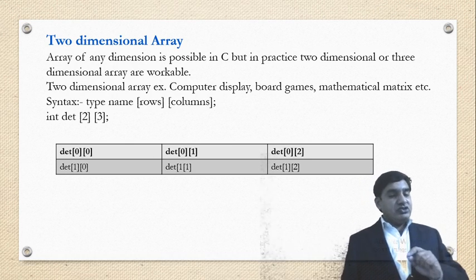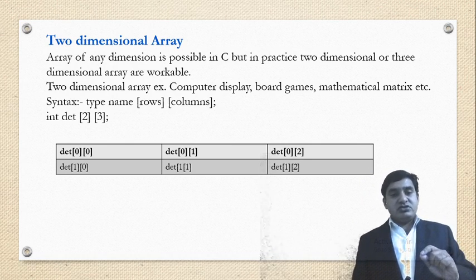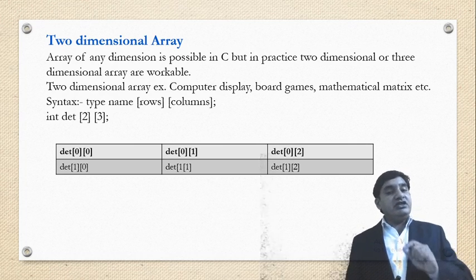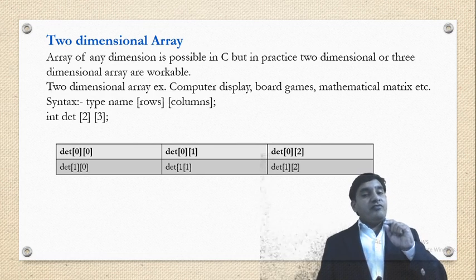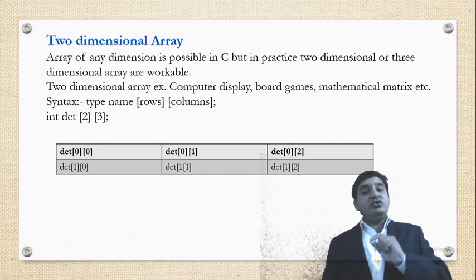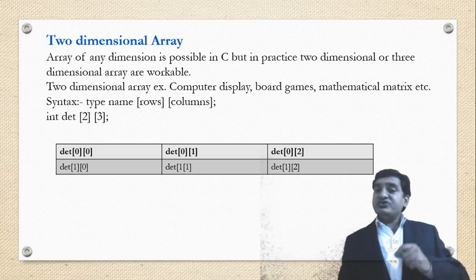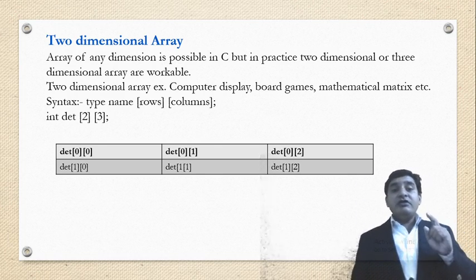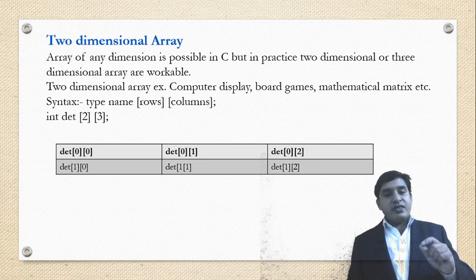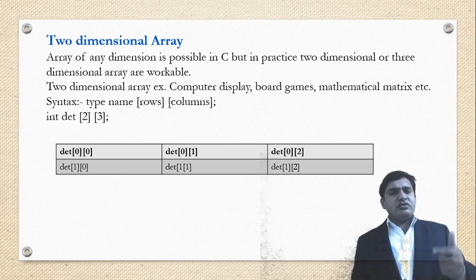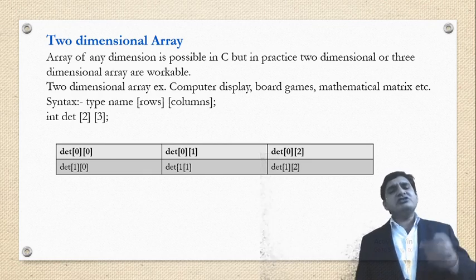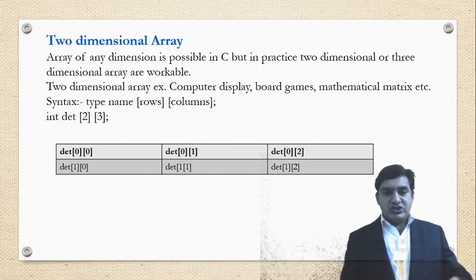det 1 0, first row, zeroth column. det 1 1, first row, first column. det 1 2, first row, second column. Here for the row we start with 0, and for the column we also start with 0.